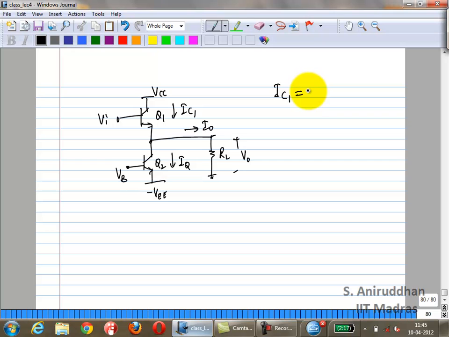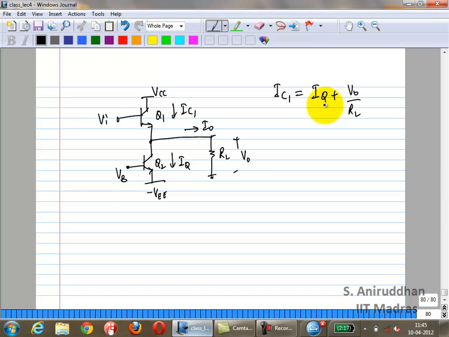So we'll go back to the current relation. IC1 is IQ plus VO by RL. Okay. Now, since IC1 is a function of VO and RL.